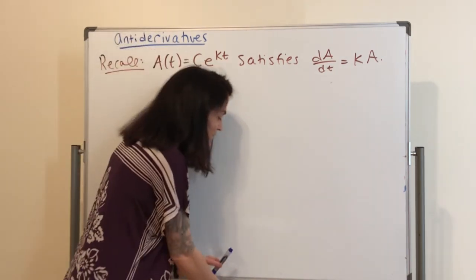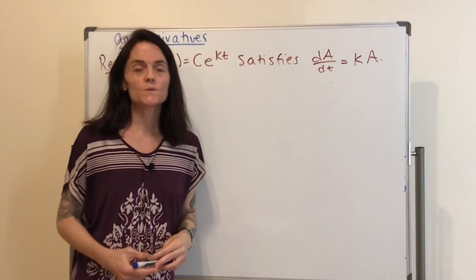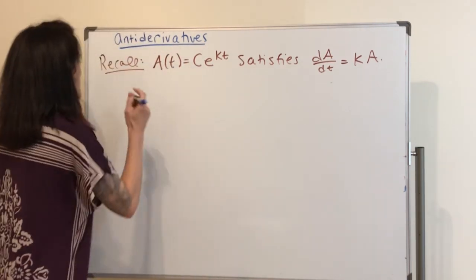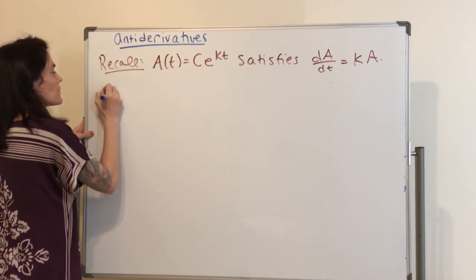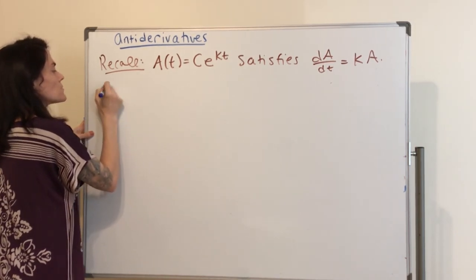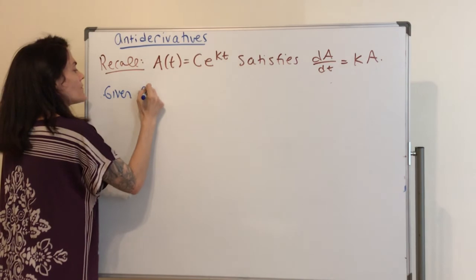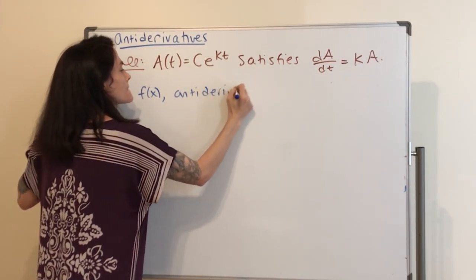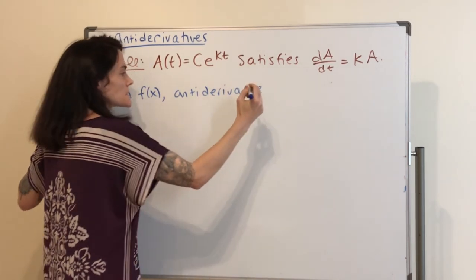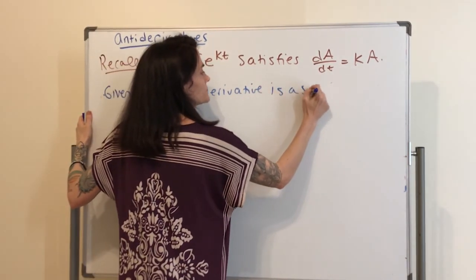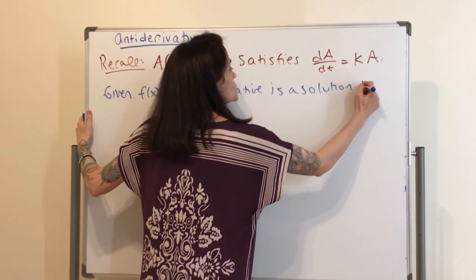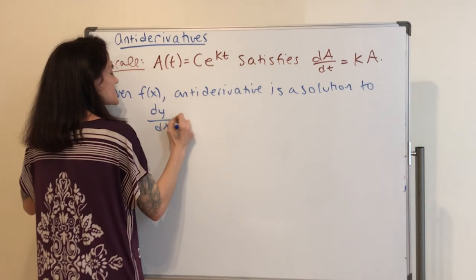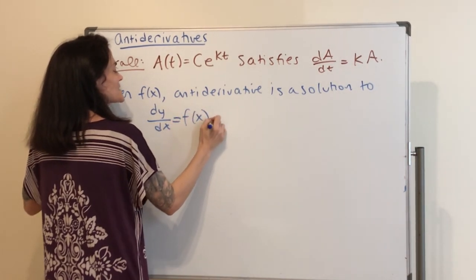Well, if we now talk about antiderivatives, we can frame this in the language of differential equations. So an antiderivative, I'll start this way. I'll say given f of x, an antiderivative is a solution to dy/dx equals f of x.